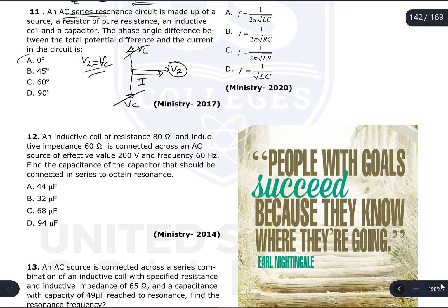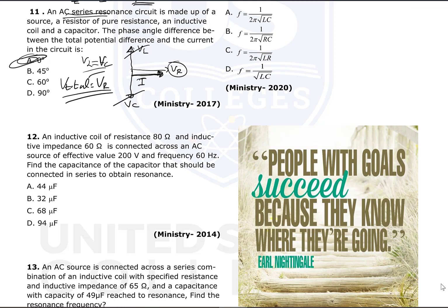That's why the phase angle difference between the electric current and total potential difference becomes 0. Generally you can take that for all kinds of resonating circuits, parallel or series, the phase angle difference is 0. It doesn't matter.